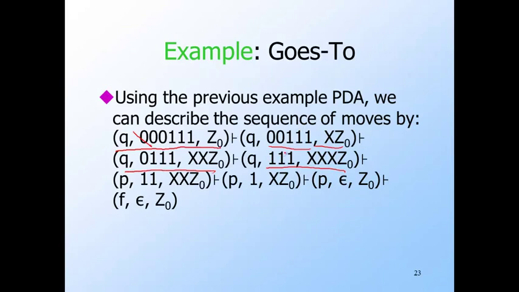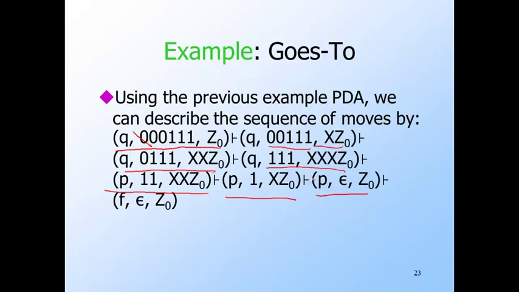Next, because the next input is 1, the state becomes P and the 1 is removed from the input. Also an X is popped, and that explains that ID. And two more moves pop the remaining X's, it's that and that.